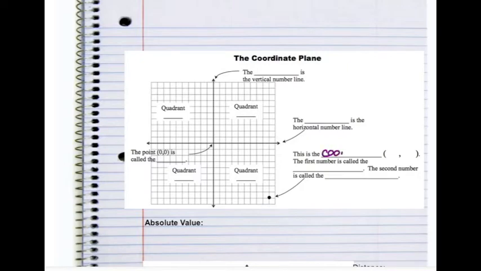This is the coordinate point, and it's x comma y. So there's always an x value and a y value. The first number is called the x coordinate, and the second number is called the y coordinate.